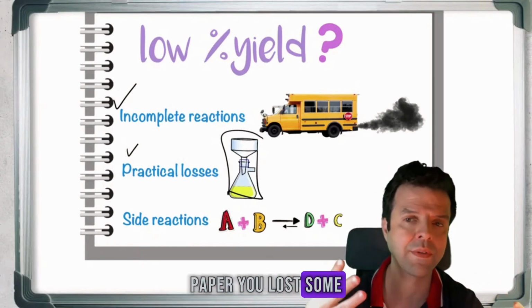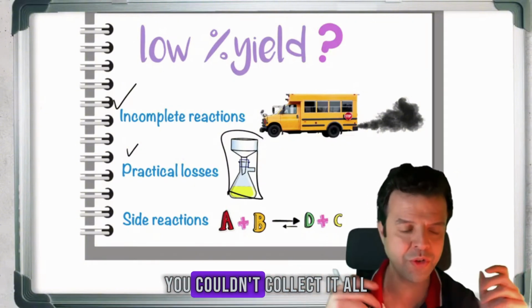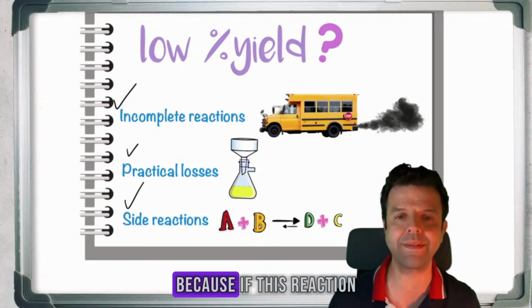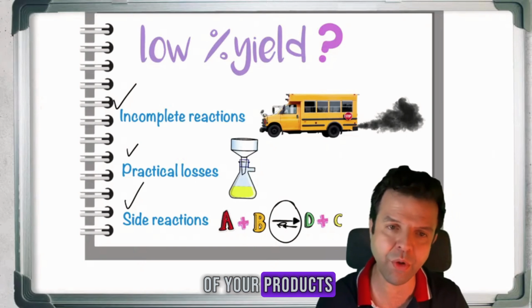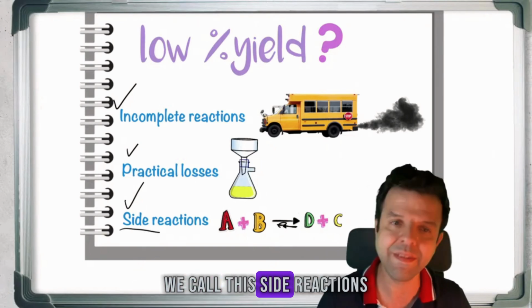You lost some of your reactants, or even the product splashed out and you couldn't collect it all. And sometimes it's completely out of your control, because if the reaction is reversible, you can't help having some of your products turning back into reactants. We call these side reactions.